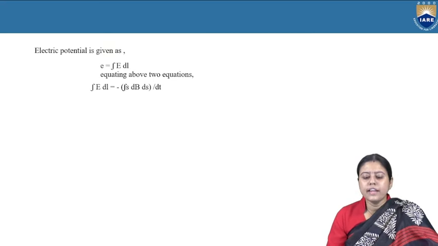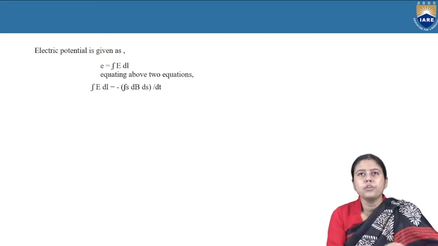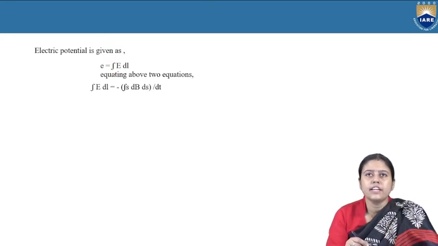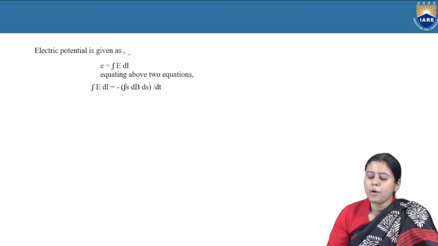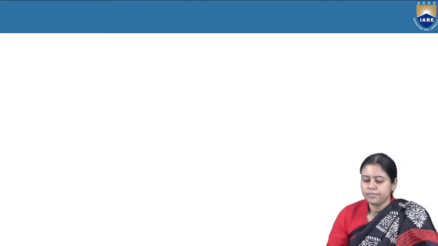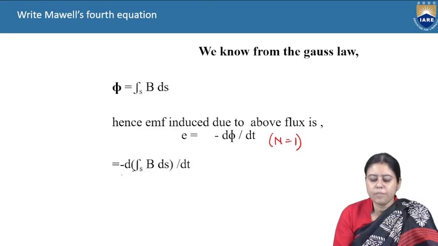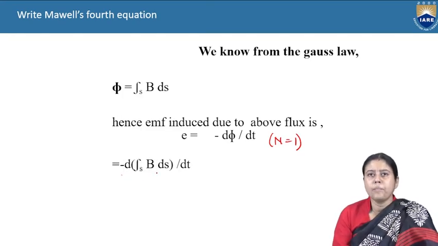So what is the electric potential we know? We know from the first chapter, electric potential or EMF E is equal to integration of E dl. E is the intensity into dl is the length. So if we compare both equations, here we got E is equal to minus d by dt of integration of B dS.